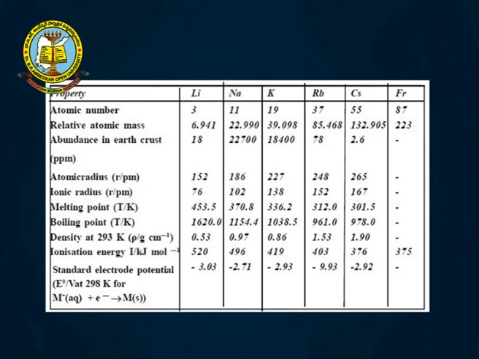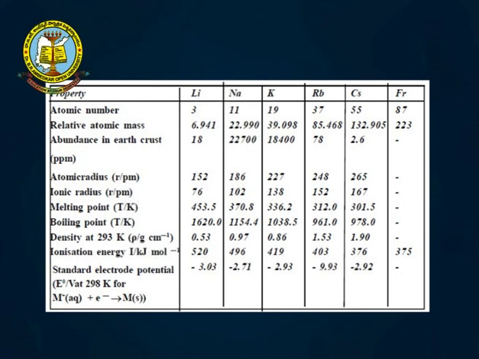Next, ionic radius, with respect to the atoms. When you remove the outermost electron, it becomes an ion. Then the ionic radius also changes according to the size here.